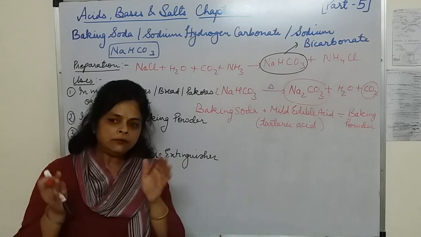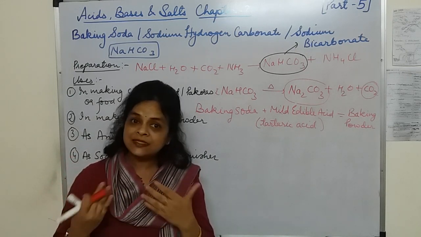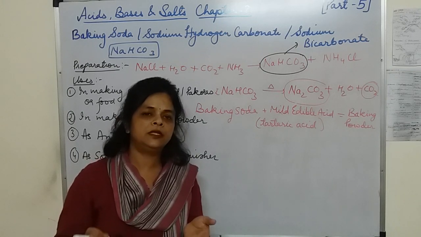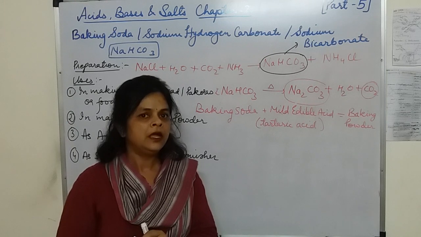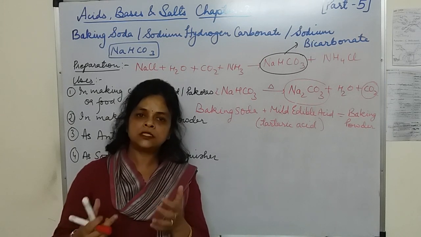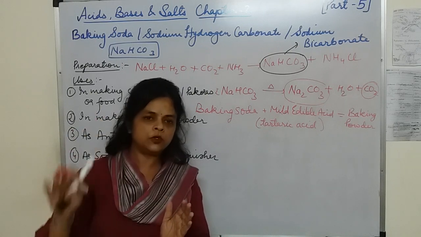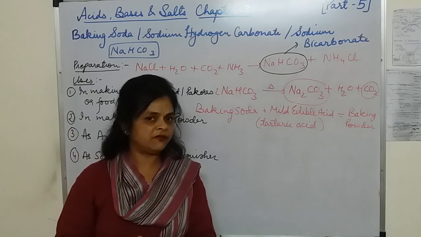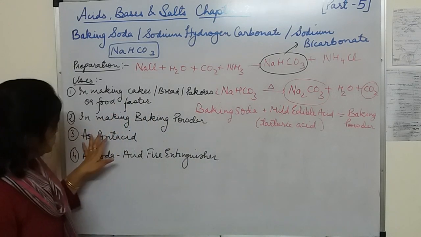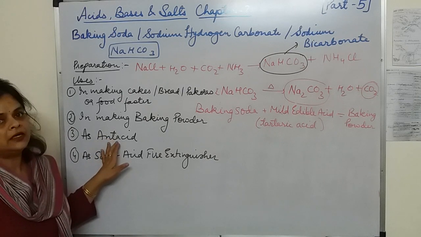Now I am telling you about the problem of acidity. Whenever an excess of acid is secreted by the walls of the stomach, it leads to the problem of acidity. And sometimes such a large amount of acid is formed that it starts eating the mucous membrane of the stomach, and ulcers can develop. So to cure this problem of acidity, antacids are taken.